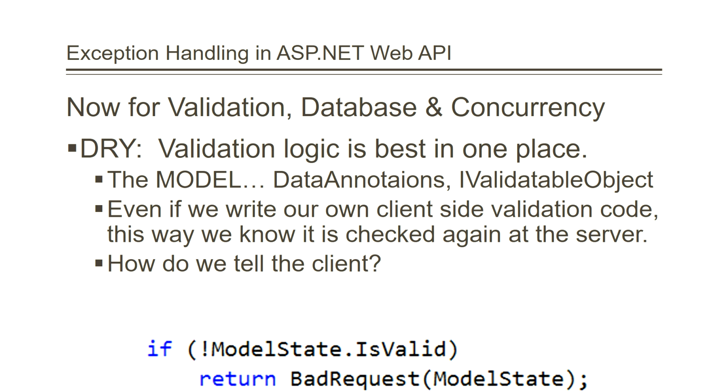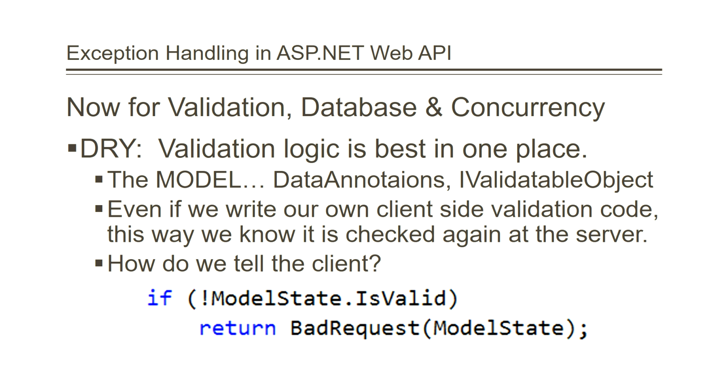Okay, so how are we going to tell the client? Well, guess what? This code was already there. If you looked in our WebAPI controllers, the scaffolding of the project itself with WebAPI 2 did things like this, right? If model state is valid, if that's not true, well, then we can just return a bad request, which is a particular type of result available in WebAPI 2, and just pass it the model state.